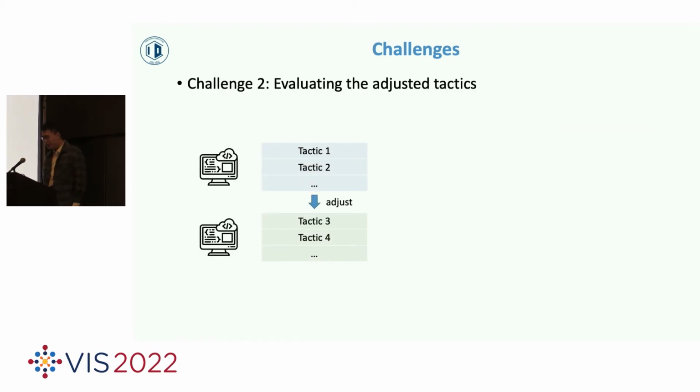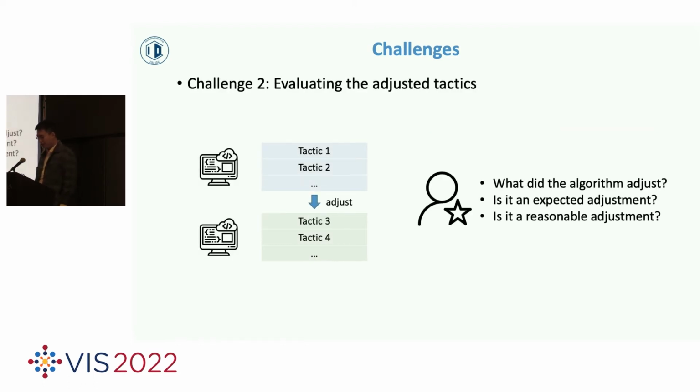And second, after the experts adjust details of the tactics given expert suggestions, the experts need to explore the adjusted tactics and judge whether the adjustment is reasonable, which is hard to achieve when the tactics are represented in a complex multivariate form.